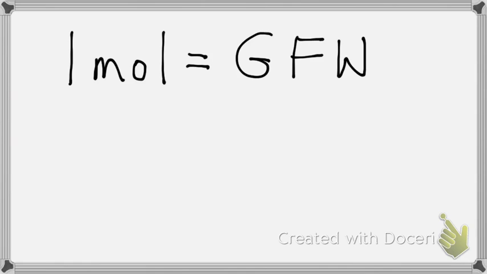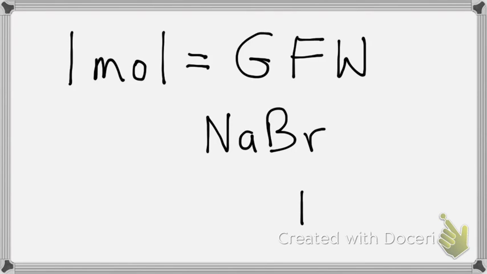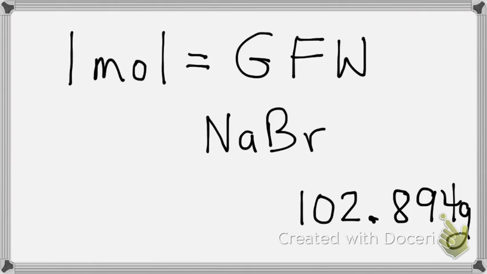This means that in the case of NaBr, when I calculate its molar mass, I get 102.894 grams is equal to 1 mole. That is now a conversion factor, and I use that conversion factor to convert grams to moles.